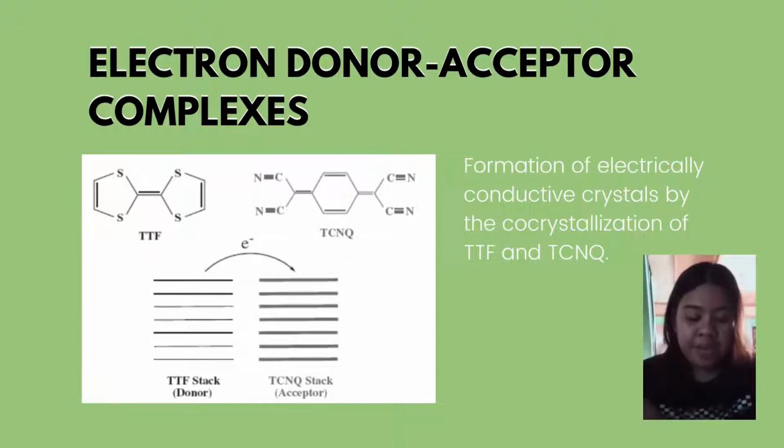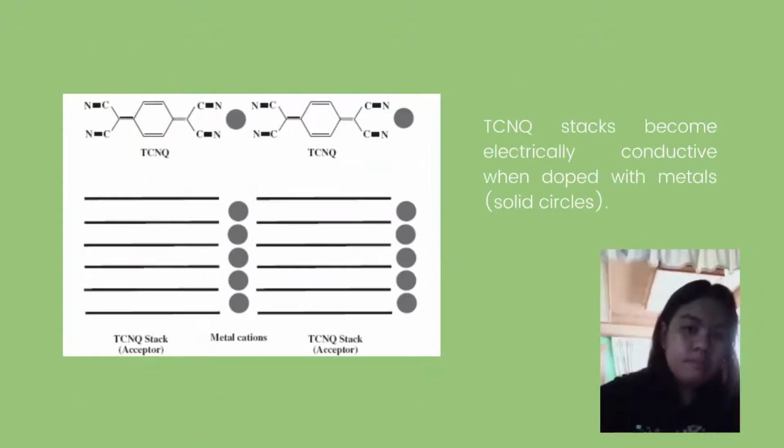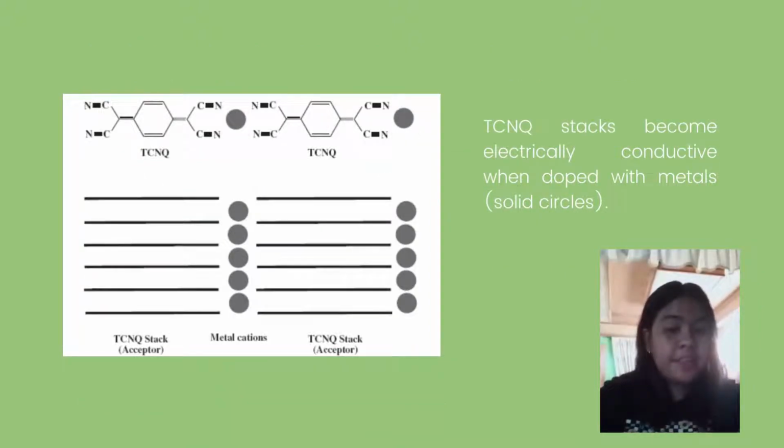The conduction behavior can be visualized in terms of the electron moving in one direction through the tetracyanoquinodimethane stacks and positive charges or holes moving in the opposite direction along the tetrathiafulvalene stacks. Tetracyanoquinodimethane becomes electrically conductive when doped with metals, shown as the solid circles.